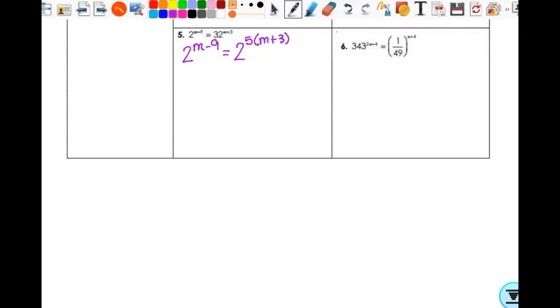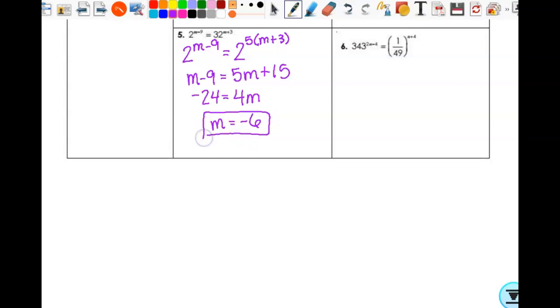Now that I have common bases, I get m minus 9 equals, and I'm going to go ahead and distribute now and get 5m plus 15. Then I'm going to subtract m from both sides and get 4m over here. I'm going to subtract 15 from both sides and get negative 24. So m equals negative 6.